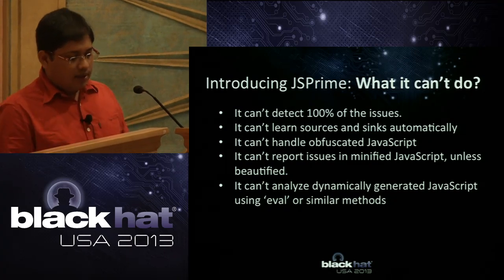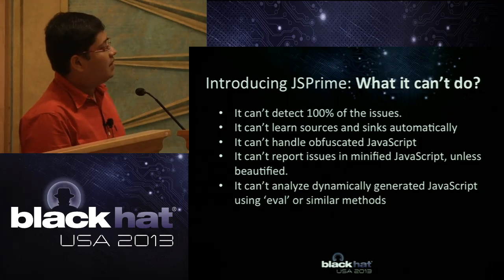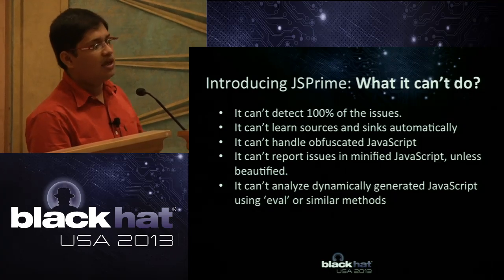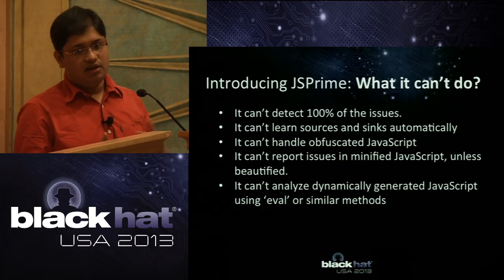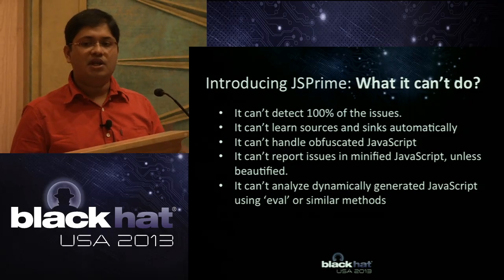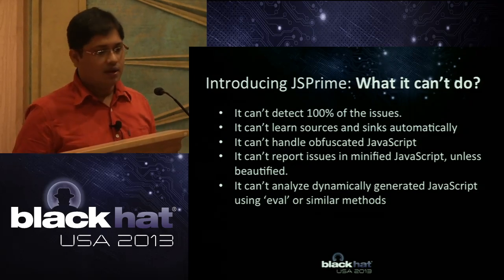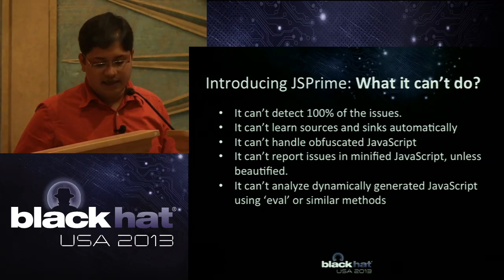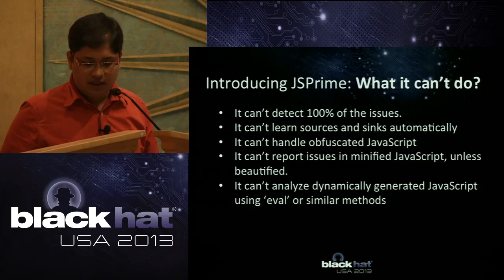And it cannot analyze dynamically generated JavaScript using eval. So if you are constructing JavaScript or executing JavaScript statements using eval, it's not possible in this version yet, but we are working on it.